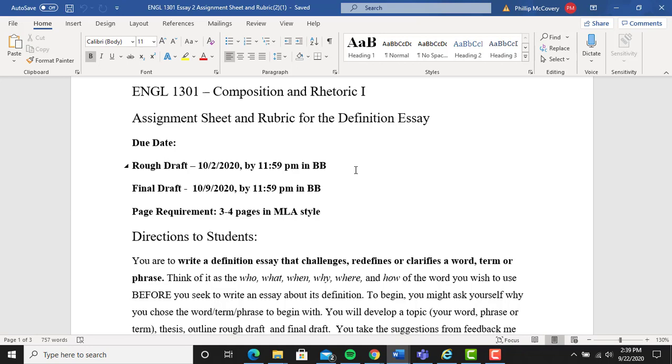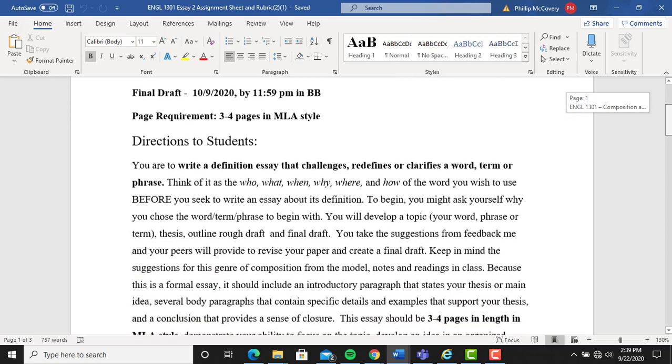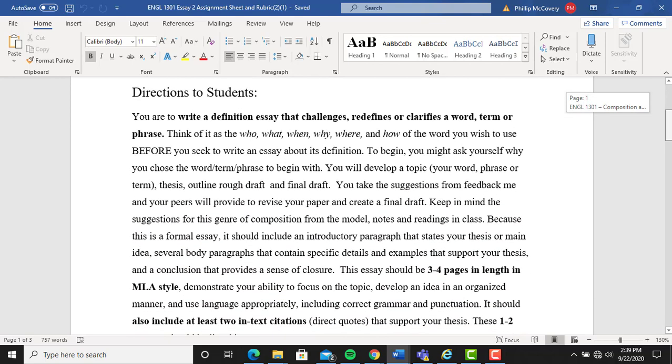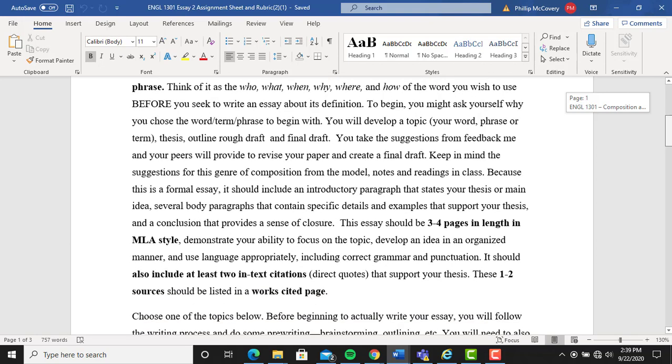So not only do you need to find a term or a word or a phrase that you find interesting or personal to you, you need to be able to define it in your own words, right? So you will not only define it in your own words, but you'll get evidence or sources to back up your thesis, your claim.